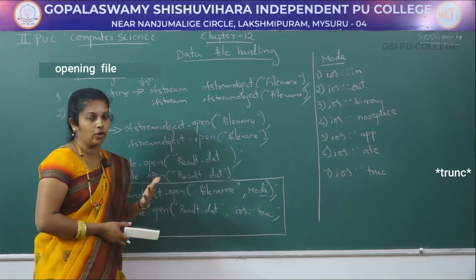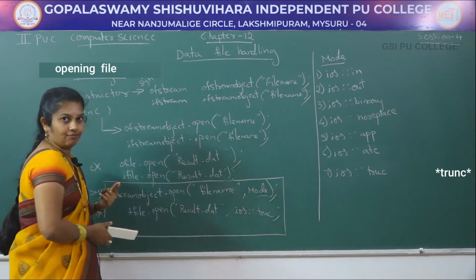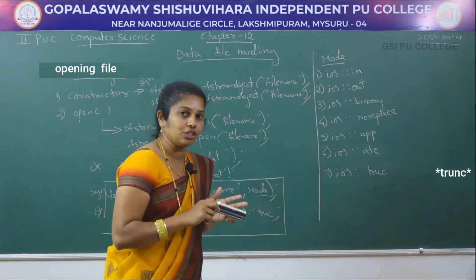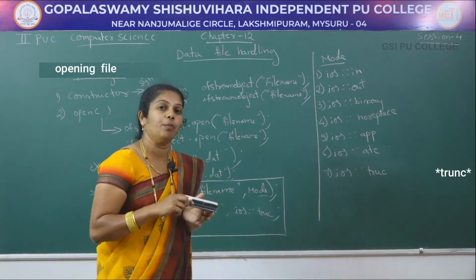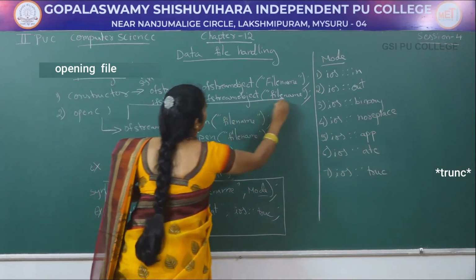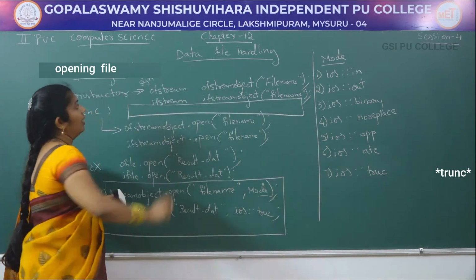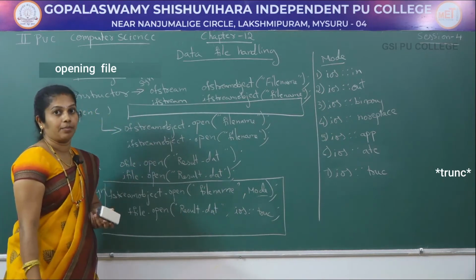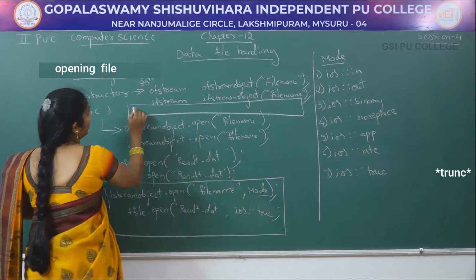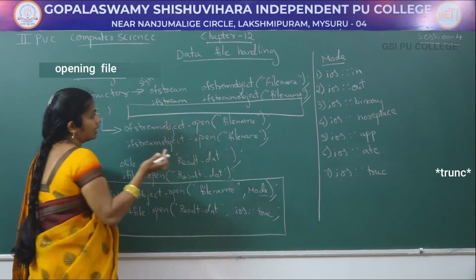Once again I am going to recall all the things. If I want to open a file, it can be done in two methods. One is by using the constructor function method and one more is by using the open function method. Here also, if I want, I can use an fstream object here. While writing here, instead of ofstream, what do I have to write?